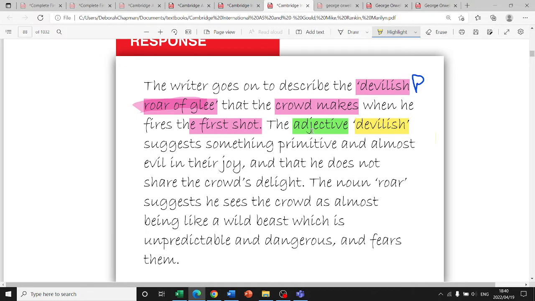So we say the writer uses the word adjective, but now remember we want to be concise, we want to be more precise. The adjective devilish, and here's that magic word that makes our analysis so much easier, suggests.